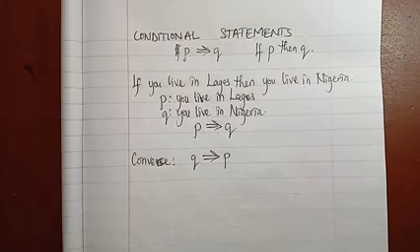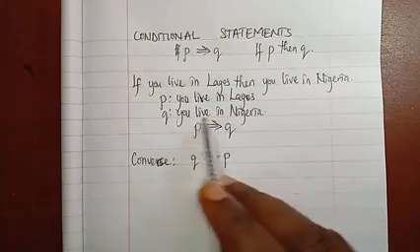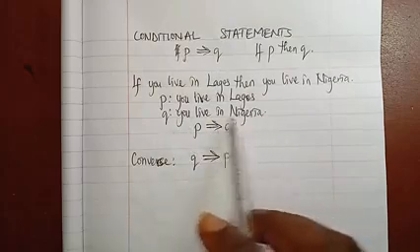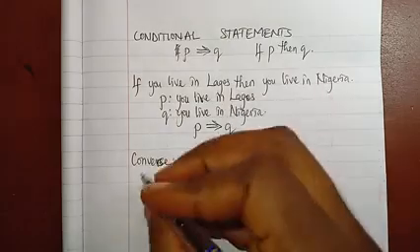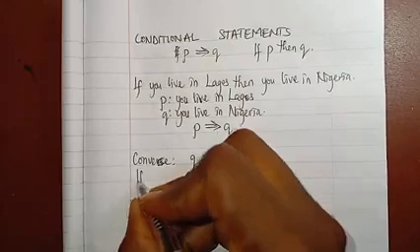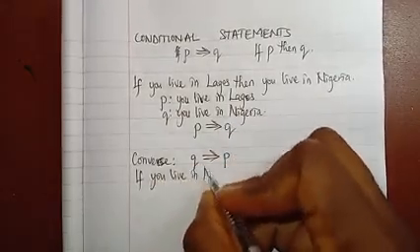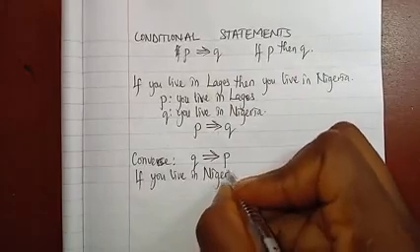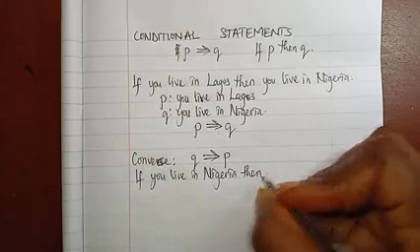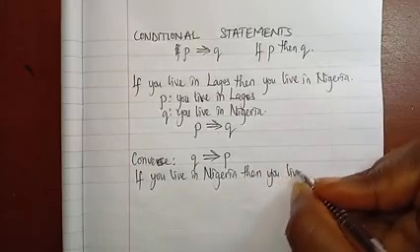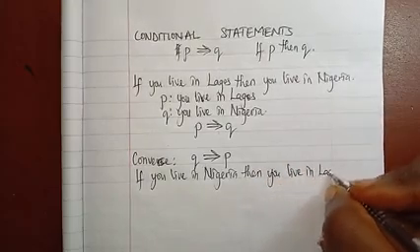Let's write it in word form. The converse is: if you live in Nigeria, then you live in Lagos.